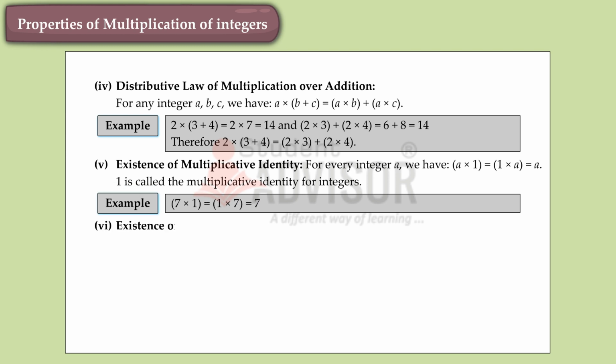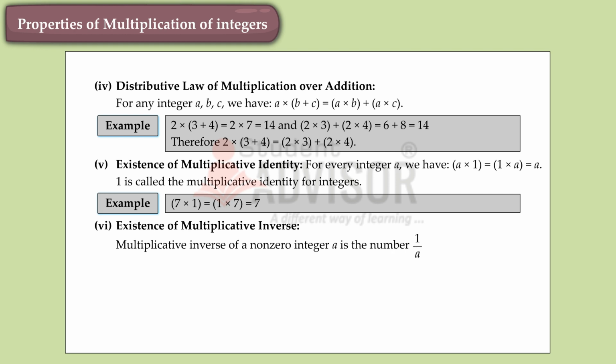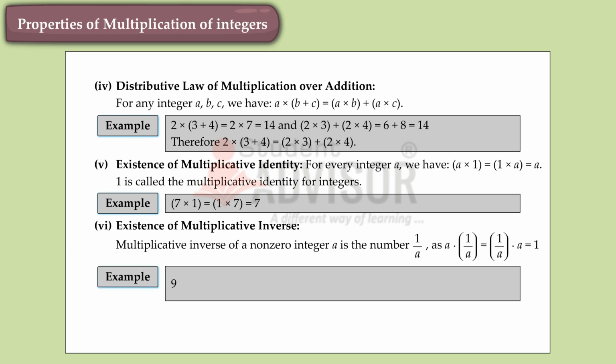Existence of multiplicative inverse. The multiplicative inverse of a non-zero integer a is the number 1 by a, as the product of a and 1 by a is equal to the product of 1 by a and a, which is equal to 1. Study the given example.